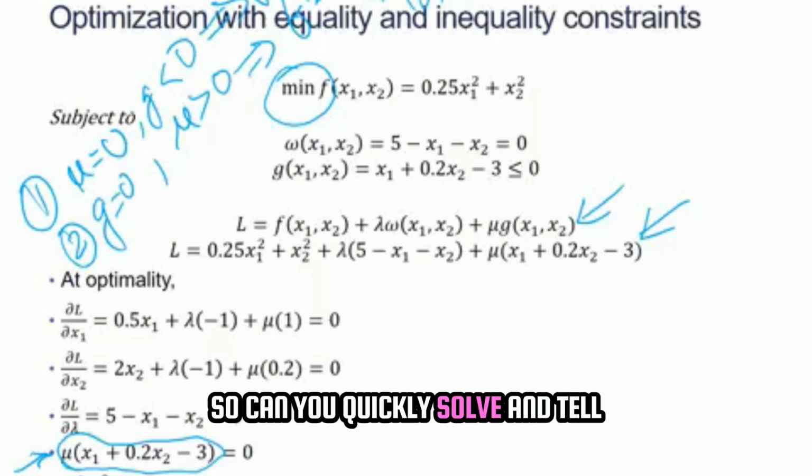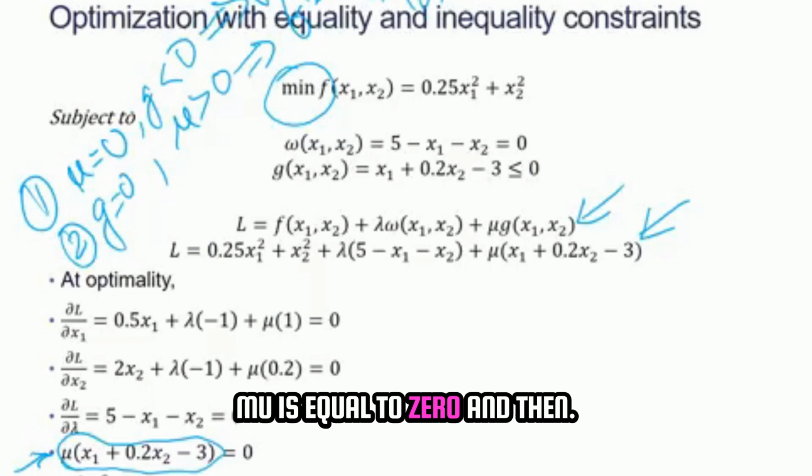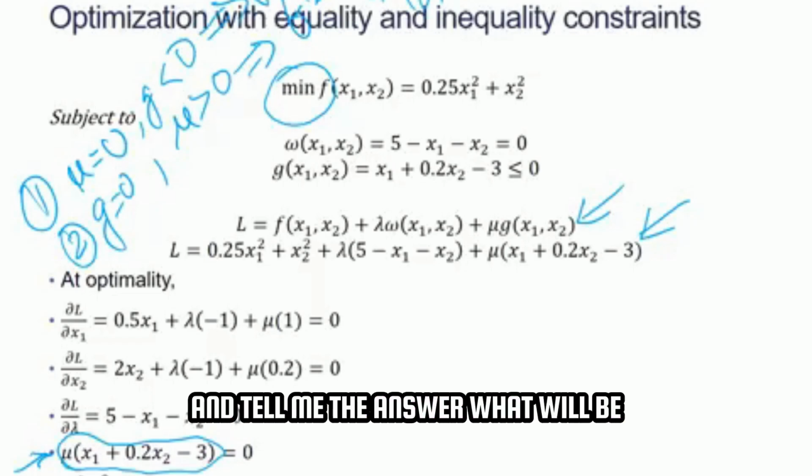Can you quickly solve and tell me the answer? Take either mu equal to 0 first, or whichever. Solve both cases. What will be the values of x1, x2, lambda and mu?